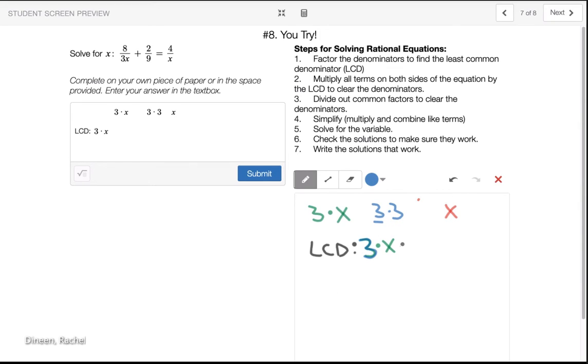The second 3 is not represented, so I have to include the second 3. Then I move on to the last denominator, the x. The x is represented right here, so I do not include the x. So my LCD is 9x.